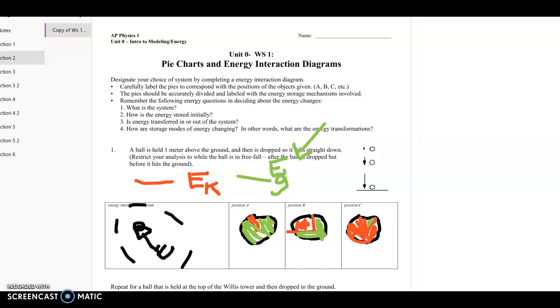And I said that because for me, it's right before it hits the ground, okay? Now, what if another person assumed that it was going as fast as it could in the moment it encountered the ground and had no height at all? Well, you could say there was no gravitational potential and it was all kinetic. That's okay. You could do that, all right? So that's what I've got for this. Since it isn't stipulated, you can choose. And I'm going to stop and do the second part of this on the next video.